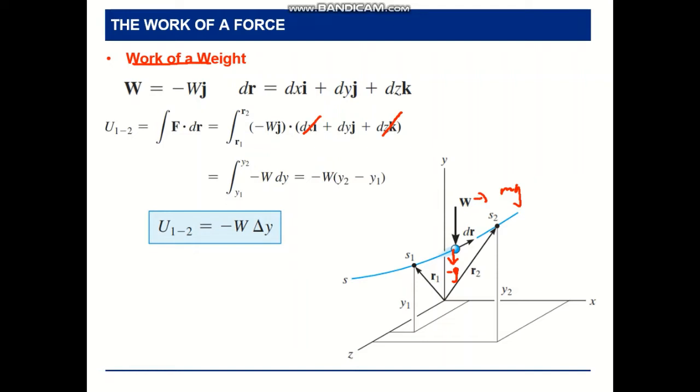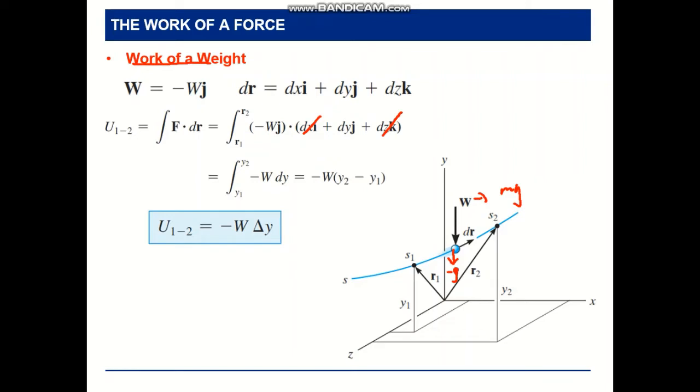So minus w dy is our answer, integrated from y1 to y2, because r1 and r2 are changing. We know that in the x and z directions there is no change. Even if it changed, it doesn't matter, because only the y direction matters because of this dy.